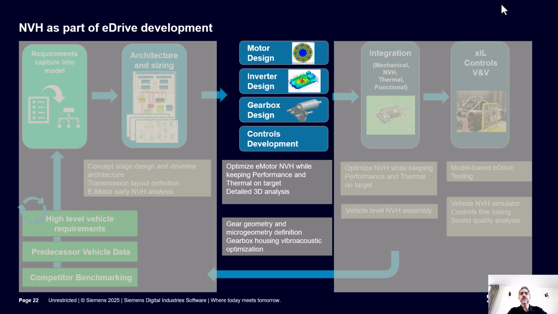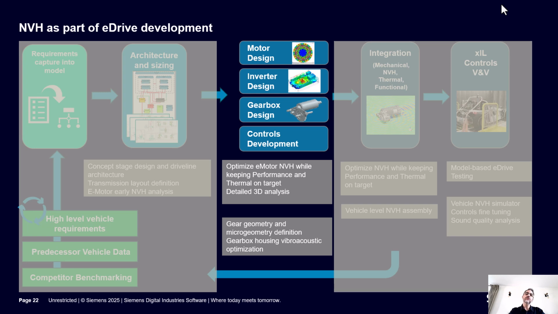Let's now get back to our agenda. And we are going now to focus on the detailed design phase. In this phase, we are able to do much more detailed simulations in order to understand the NVH performance of the electric motor, the inverter, and the gearbox in much more detail, and also continue assessing the effect from controls.